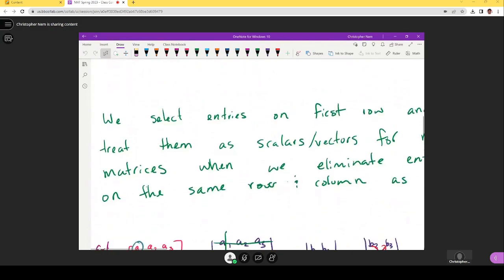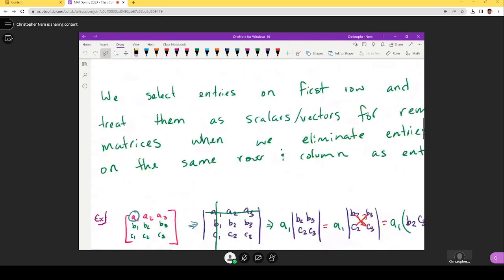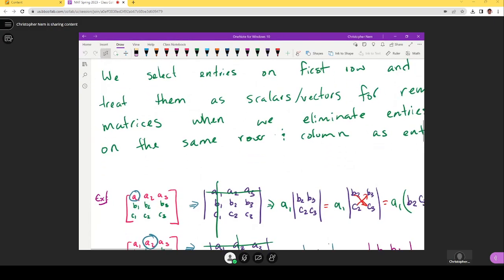So there's some text here so you can read that to get more idea, but we're going to eliminate all of the entries on the same row and column of the entry we choose on the first row. So for example, the first entry on the first row is A sub 1. I'm going to eliminate all of the rows and columns where A sub 1 lives.